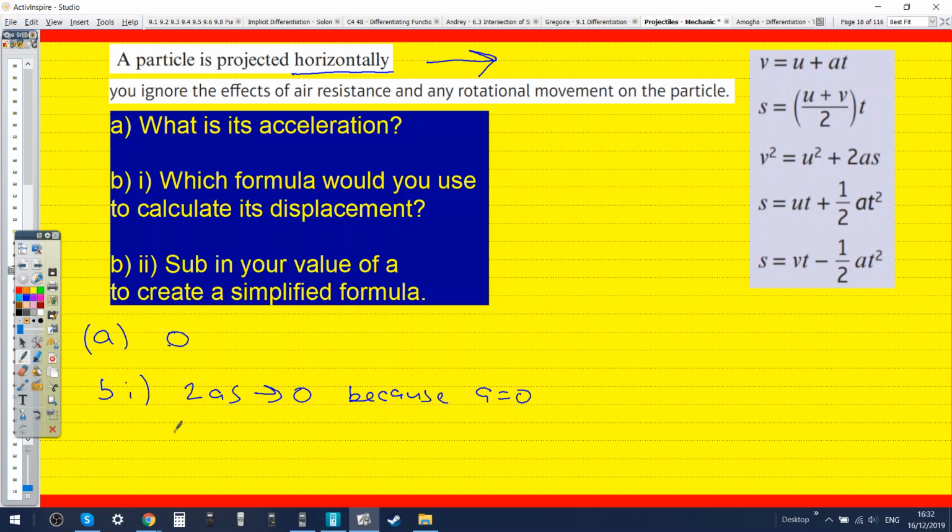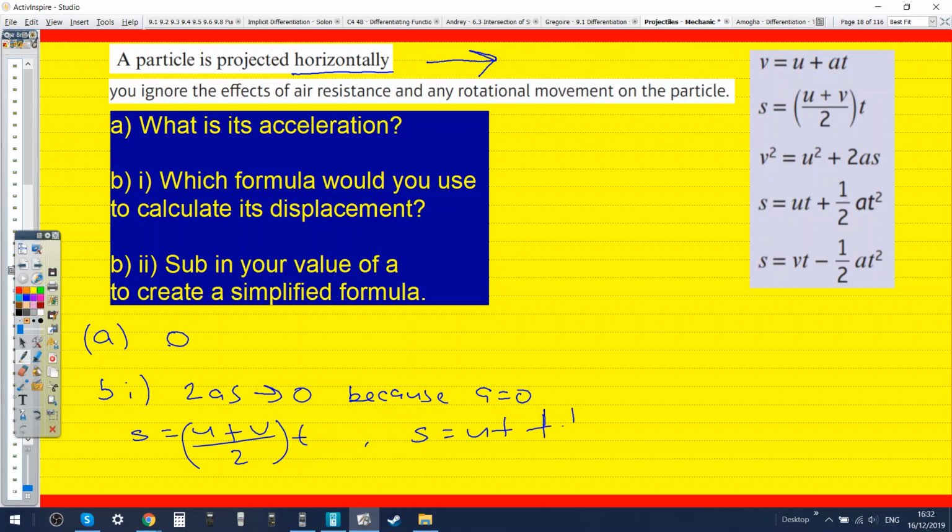So does it need to be an equation without a in? Could be. We want s, so it has to have s in it. So could we use the second one, s equals u plus v over 2 times t? Yeah, that'll work.